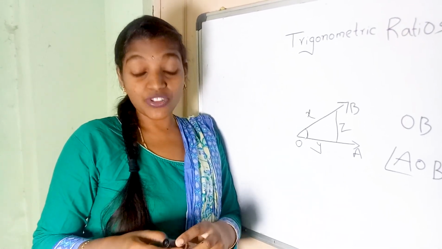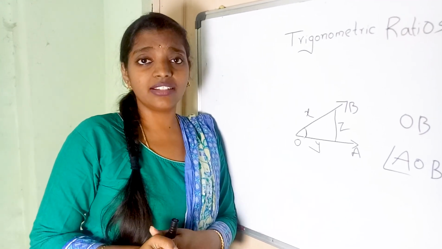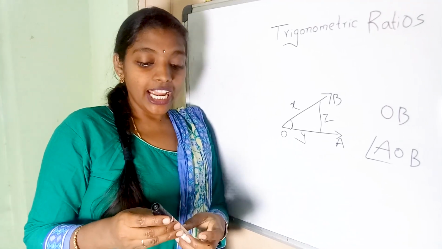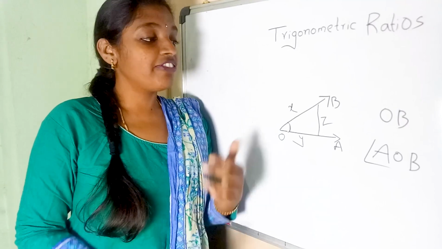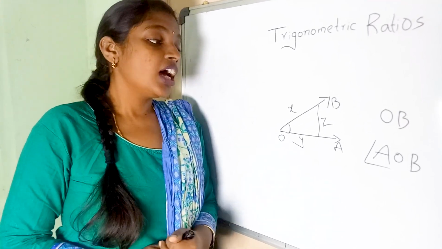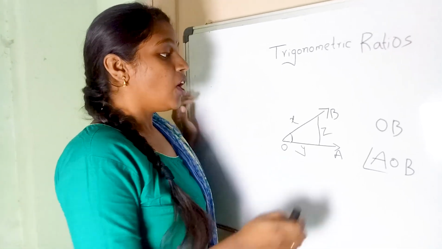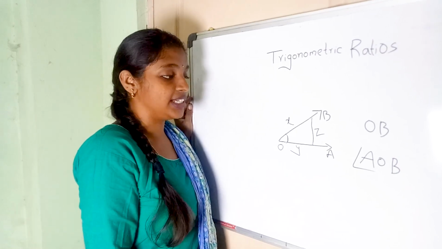By using some formulas, depending on whether they ask for sine, cos, or tan. In such cases, we apply the Pythagoras theorem. Many people already know what the Pythagoras theorem is. It is applicable only for right angle triangles.